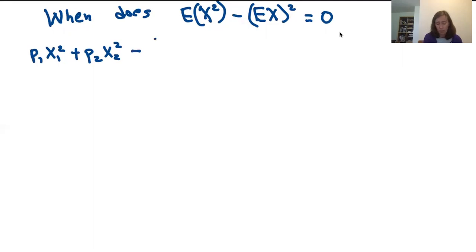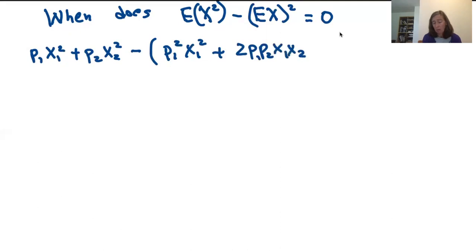So we're subtracting off the more complicated expression that we just derived. It was p1 squared x1 squared plus 2 p1 p2 x1 x2 plus p2 squared x2 squared. When does that equal 0?